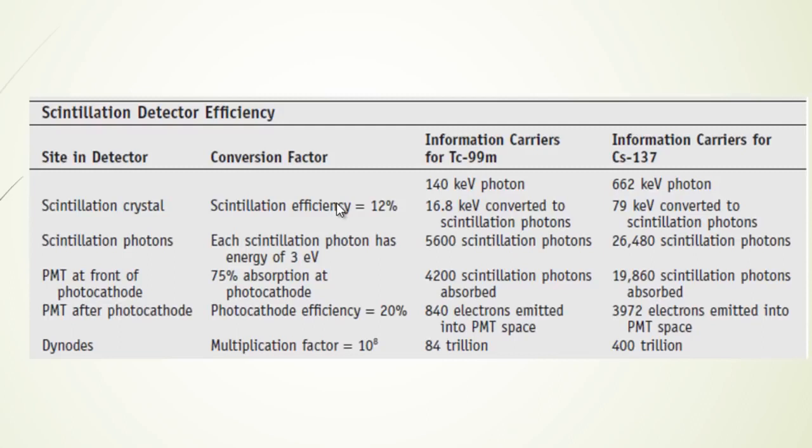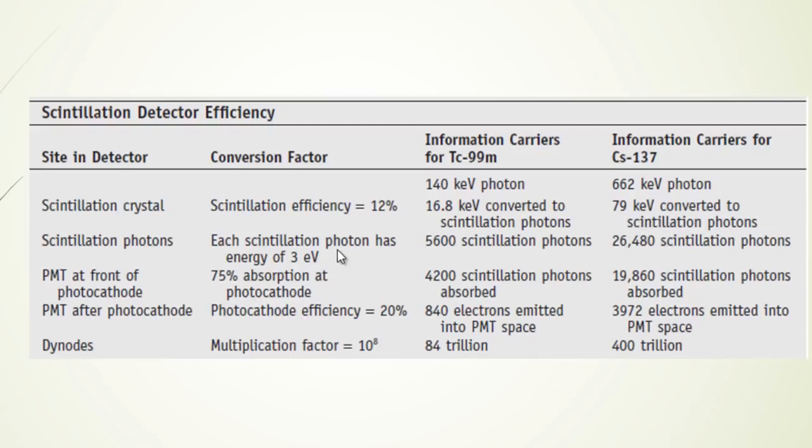So from a scintillator with efficiency 12%, we will have only 12% of this energy converted into scintillation photons. That comes to about 79 kilo electron volts.